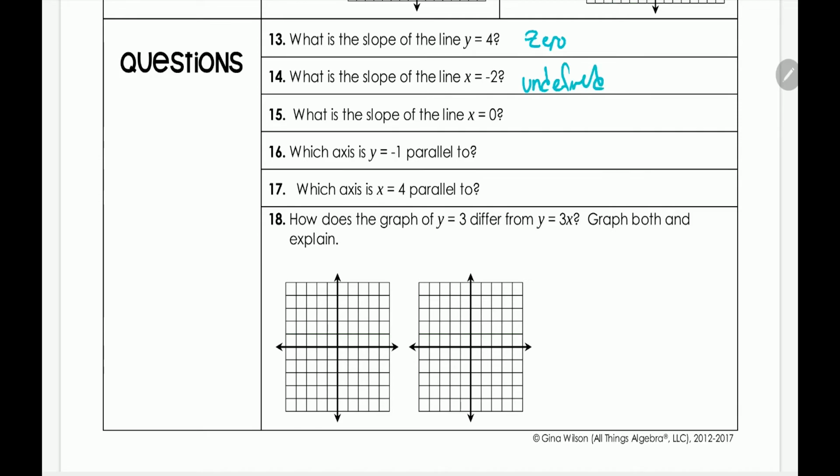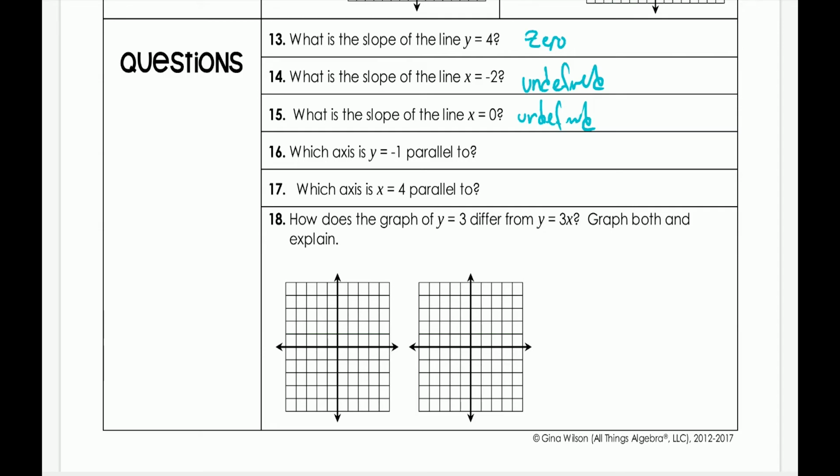15. What is the slope of the line x equals 0? Well, again, it's a vertical line, so that tells me the slope is undefined. And we have number 16, which is, which axis is y equals -1 parallel to? Well, is y equals -1 a horizontal or vertical line?